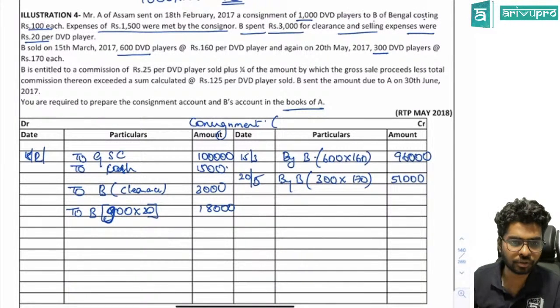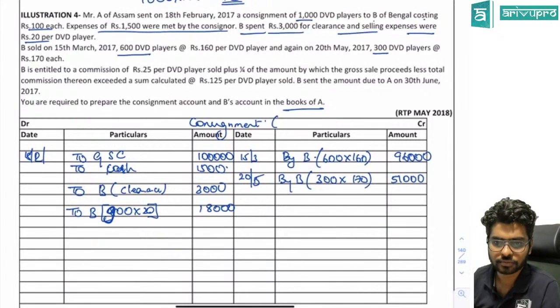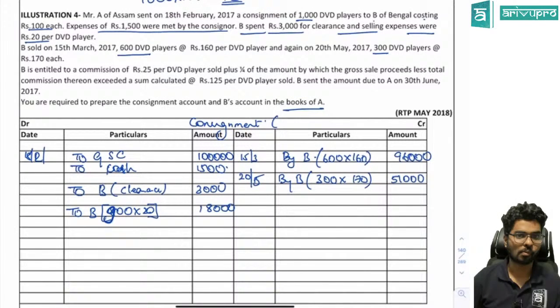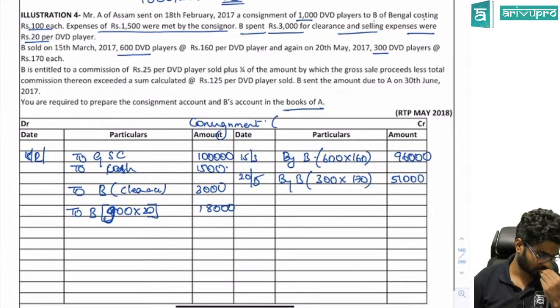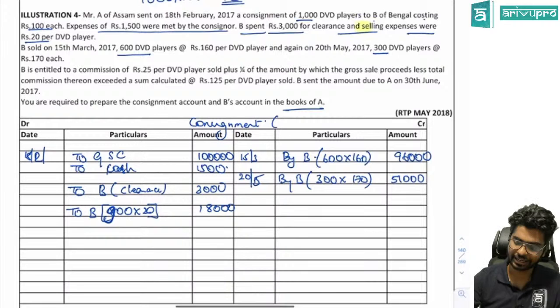Till here, does anyone have any doubt? Madam, they are saying selling expenses were 20 per DVD player.